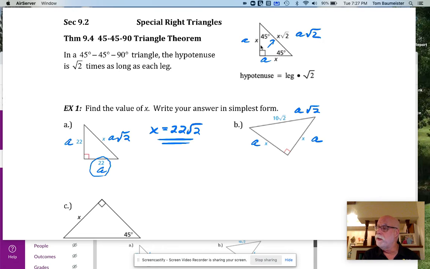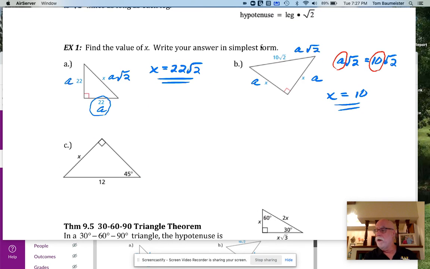So a times the square root of 2 is equal to 10 times the square root of 2. To make those even, because that's what equal means, our a would have to equal 10. And what is our a? It's x. So we're going to just say that x is equal to 10.